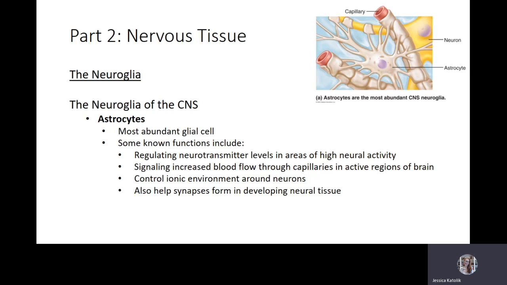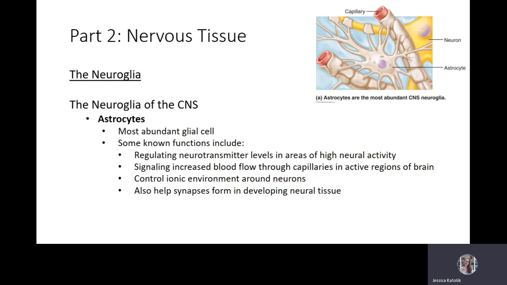What does that mean? What does reuptake mean? Reuptake is a way in which neurons can recycle neurotransmitters. So when a neurotransmitter is released from a neuron, it will go into the synaptic cleft and bind to the receptors on the second neuron.